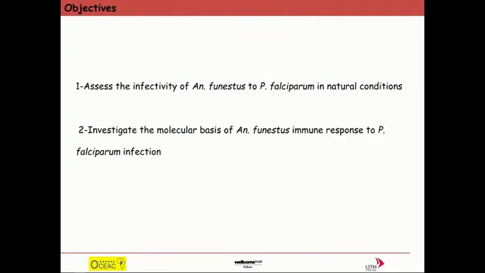In our study, we aim to assess the infectivity of Anopheles funestus natural populations to Plasmodium falciparum infection, and to investigate the molecular basis of Anopheles funestus immune response to Plasmodium falciparum infection. I would like to mention that Plasmodium falciparum is the natural malaria parasite, so it is more realistic to use this model rather than the laboratory model using the murine parasite.